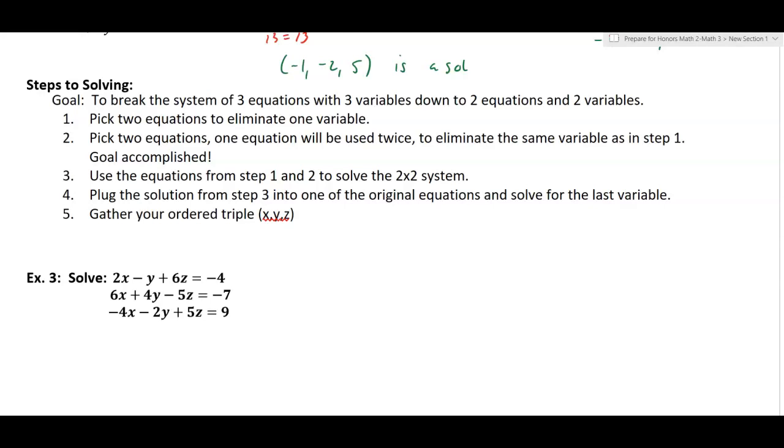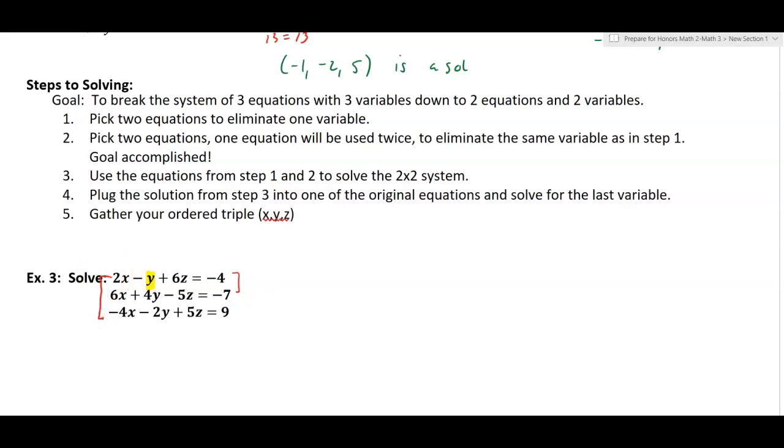What 2 equations would allow us to eliminate the same variable? So here, anytime I have just a 1 in front, that tells me, if I wanted to eliminate the y here, I can eliminate the y using these 2 equations easily, but I could also use these 2 equations to eliminate y.